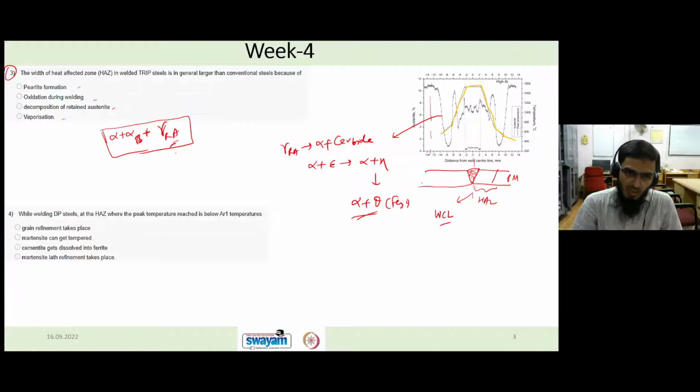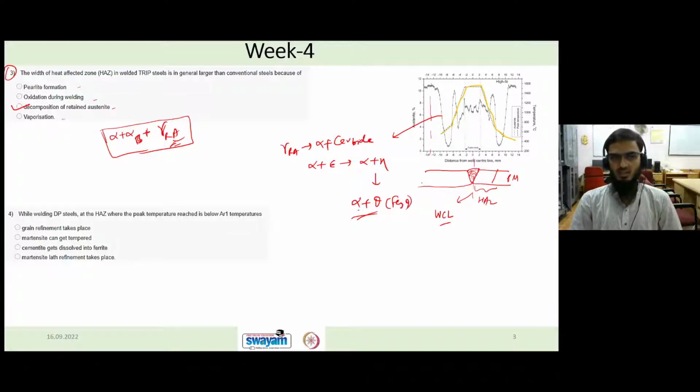And this happens due to the presence of retained austenite, and this retained austenite basically transforms into various phases, like ferrite plus different types of cementite or carbide. So the main reason behind the larger width of the heat affected zone in TRIP steel is the decomposition of retained austenite, which converts into ferrite plus epsilon carbide, and then again into ferrite plus eta carbide, and then again into ferrite plus theta, that is Fe3C cementite.